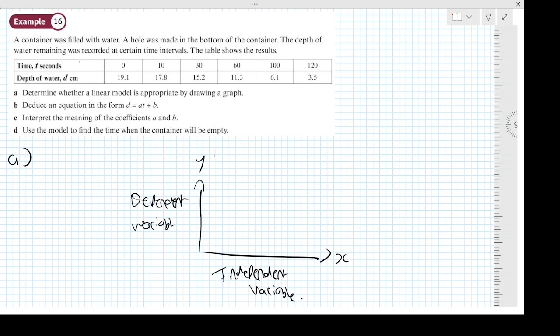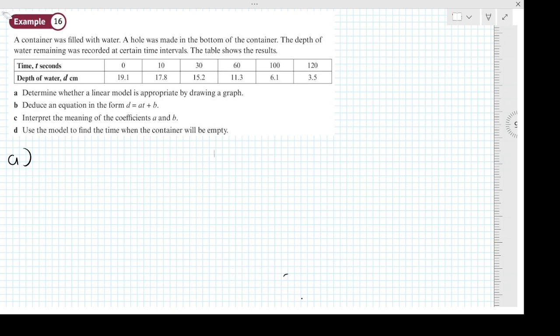So in this case, the time has to be the independent variable. It's on the x-axis, because the time is not affected by the depth of water. However, the depth of water changes with time, so depth will be on the y-axis. If I get rid of this, depth will be on the y-axis, d, and the x-axis will be t.